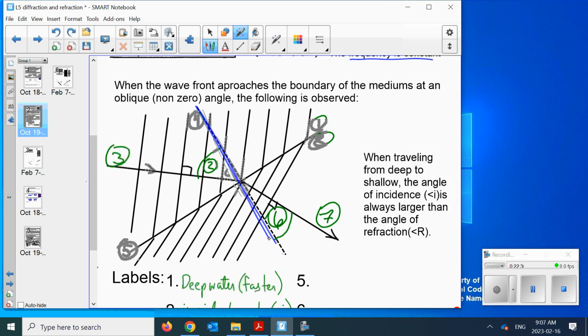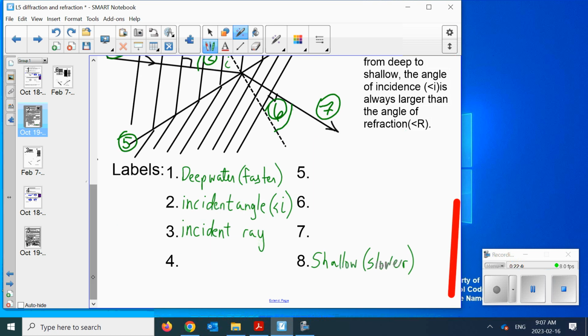And we tend to draw it right at the point where you drew your incident ray coming, because when we do mathematics, it makes it easier to figure things out. So that's called the normal. The normal is always 90 degrees. And we use a dashed line or a dotted line.